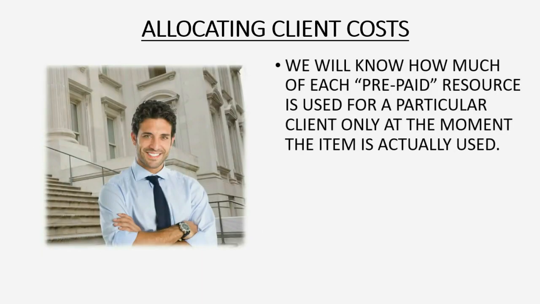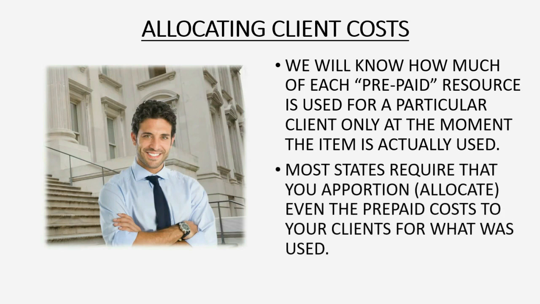We will know how much of each prepaid resource is used for a particular client only at the moment the item is actually used. And unfortunately, most states require that you apportion or allocate even the prepaid costs to your clients for what was used.